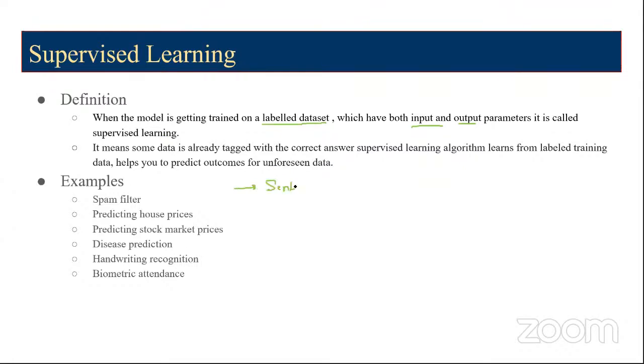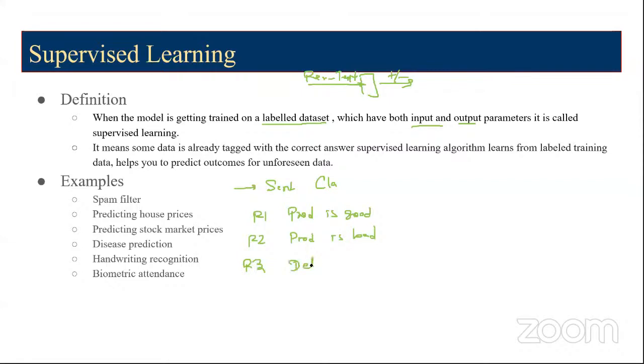Say in case of sentiment classification, how will our data set look? Record one will have some review saying product is good. And we want our model in this case to take some review text as input and predict the sentiment of that review, right? So product is good. Then review two, say product is bad.